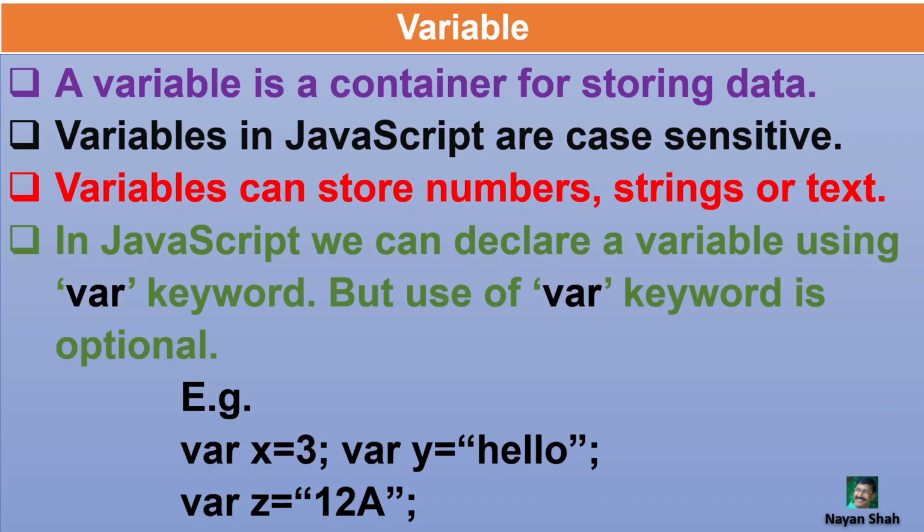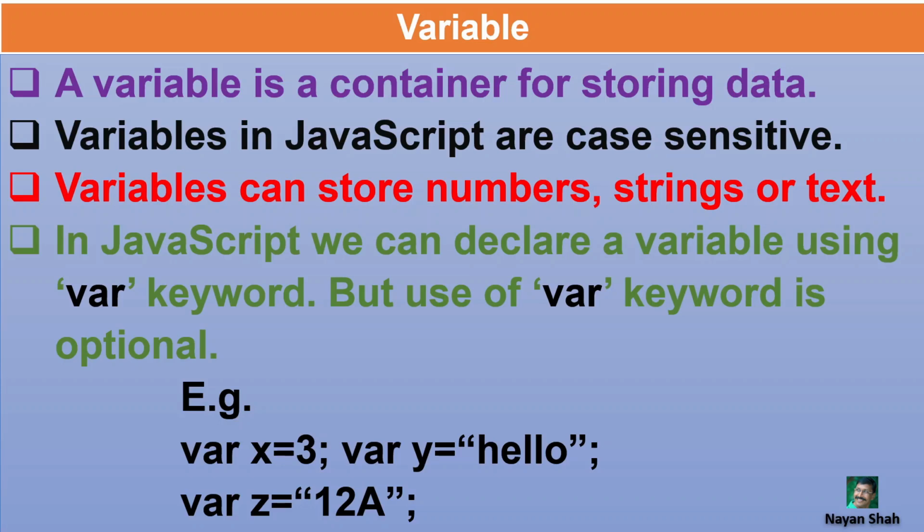So if you say somewhere in your program x is equal to 10 and then afterward you may say x is equal to 55. Again somewhere in your program you may say x is equal to y plus 9 or something like this. So a variable can keep on changing its value as per the requirement of the program.